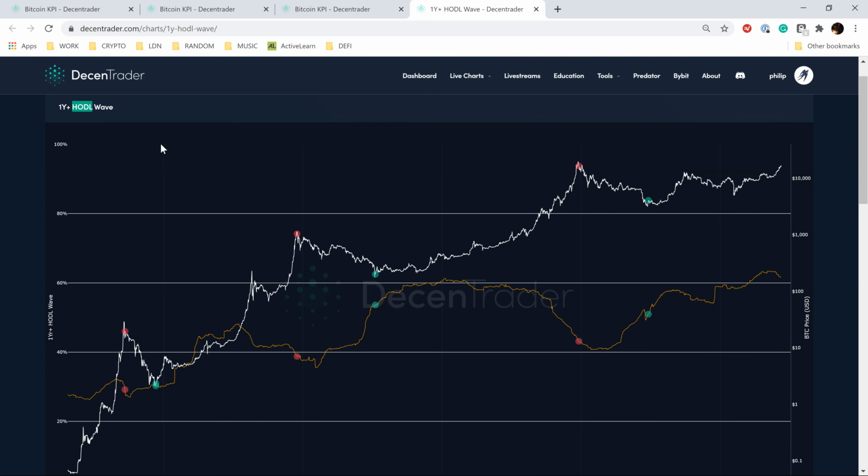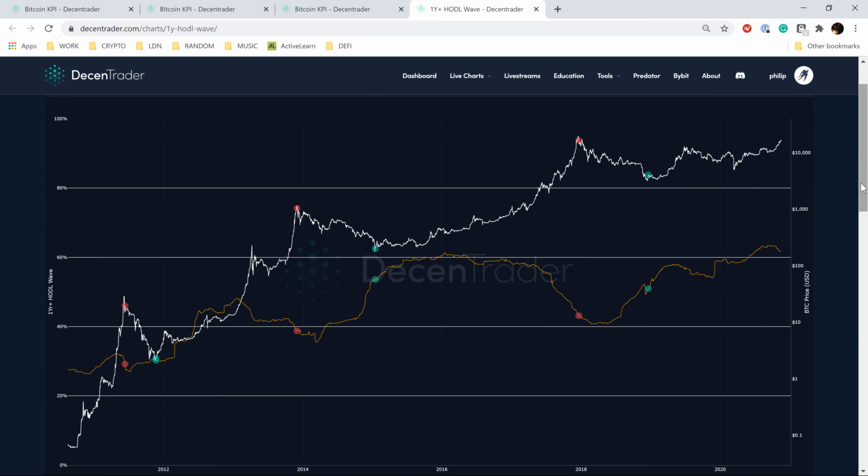Now obviously it can also include coins that are lost, but it gives us a pretty good indication as to the extent to which people are hodling. And what you can see is that there is this inverse relationship with price in Bitcoin bull cycles. So in the last Bitcoin bull cycle, you saw as price rallied, the amount of hodlers slowly decreased and then rapidly decreased towards the end of the market cycle.